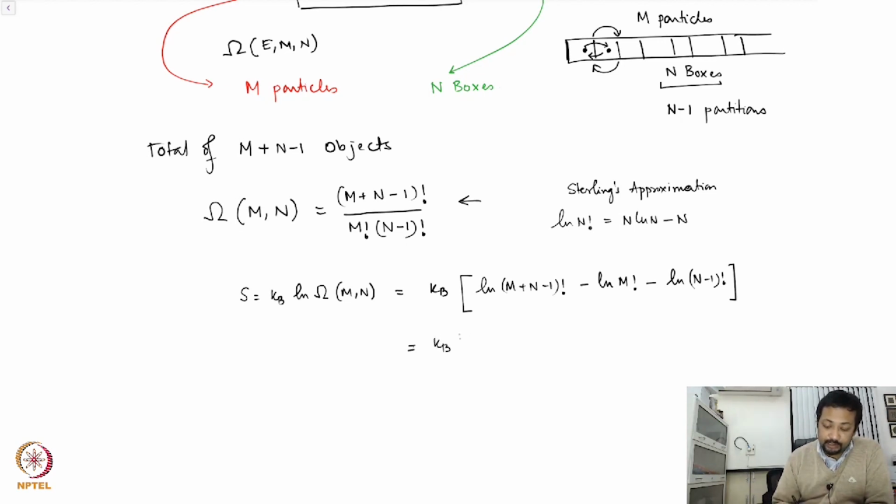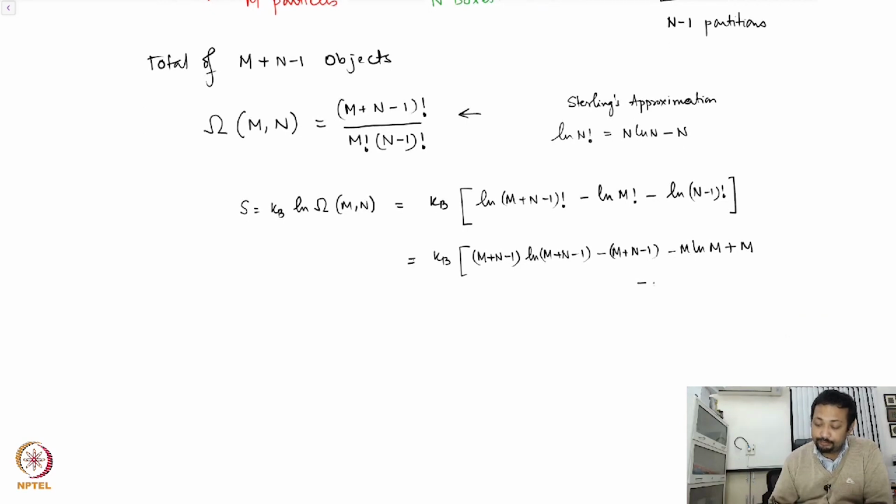We write this as Kb times (m plus n minus 1) ln (m plus n minus 1) minus (m plus n minus 1), minus m ln m plus m. Don't make mistakes with the signs. And then you have minus (n minus 1) ln (n minus 1) plus (n minus 1).